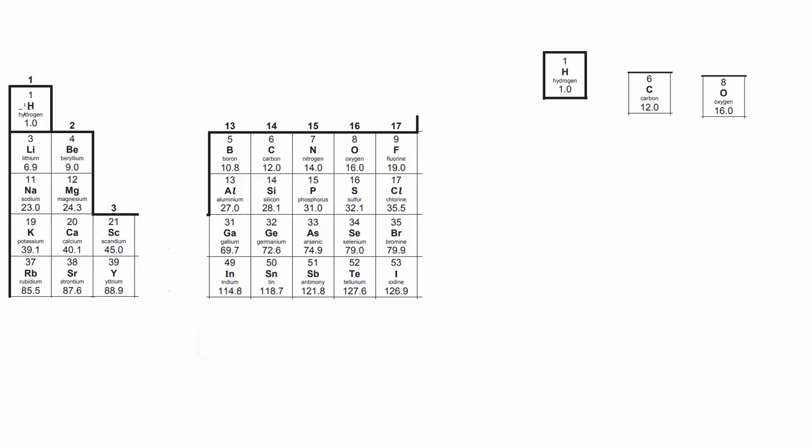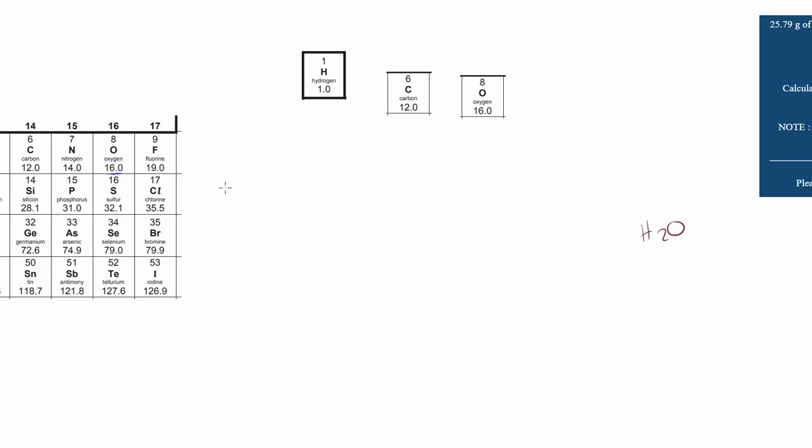So if we look at the relative atomic mass of hydrogen, that's 1.0, and the relative atomic mass of oxygen is 16. So the Mr of H2O would simply be the relevant relative masses multiplied by the frequency of occurrence.